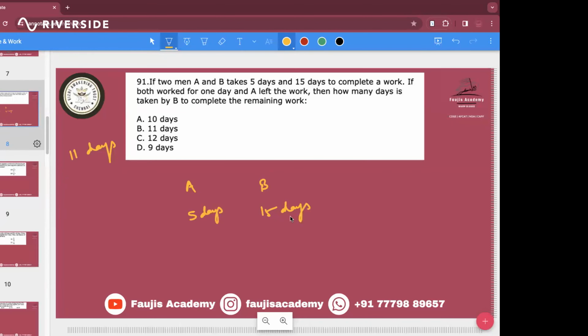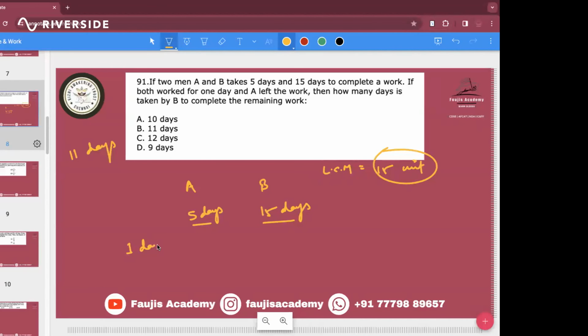What is the first step, guys? We have to find the LCM of these two numbers. How much is that? 15, right? So what is the total work? We have assumed it as 15 units. So far with me, guys?